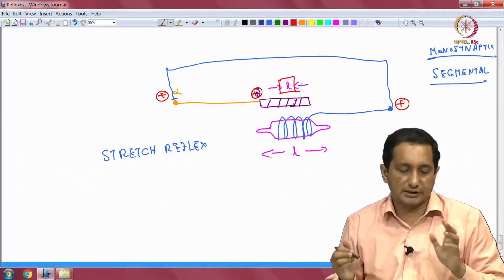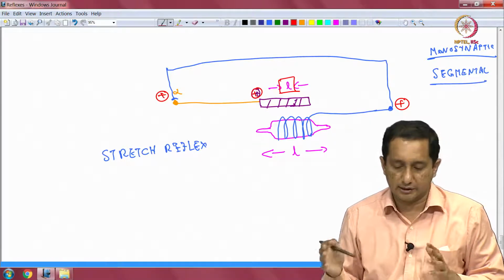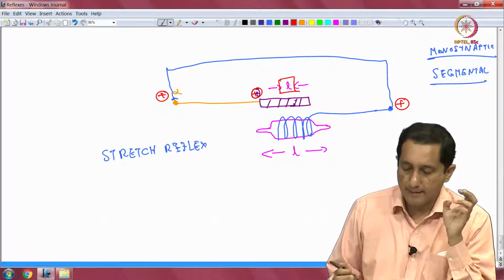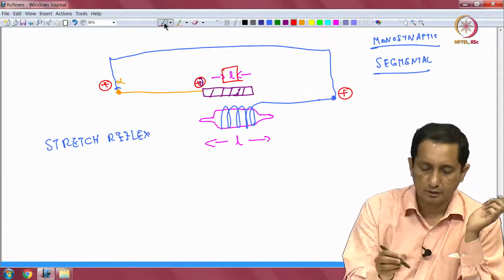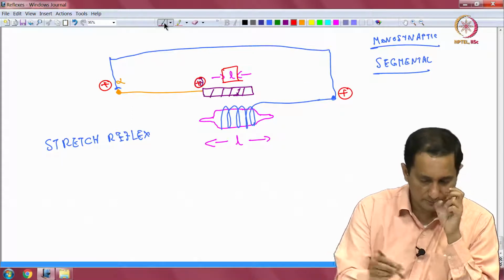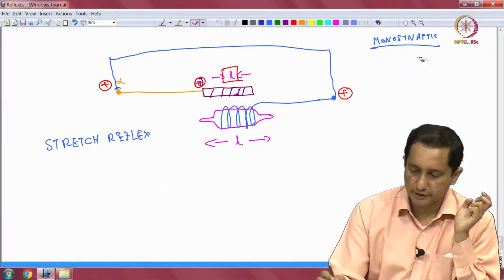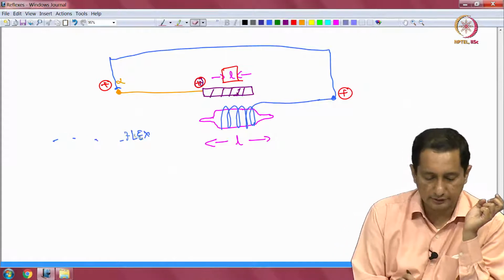So, this is the classic stretch reflex. Now, there are further players in this. So, what we will do is remove this stuff over here, and so that was the stretch reflex.